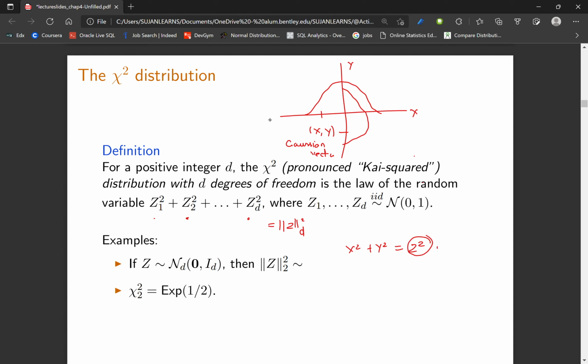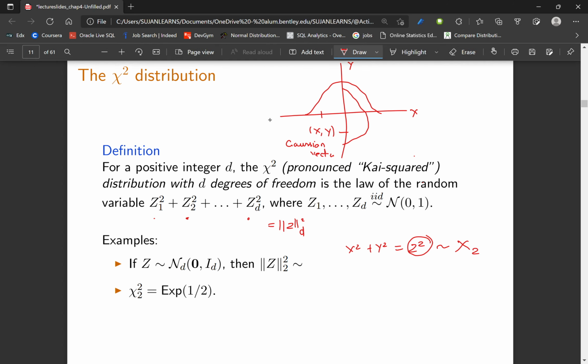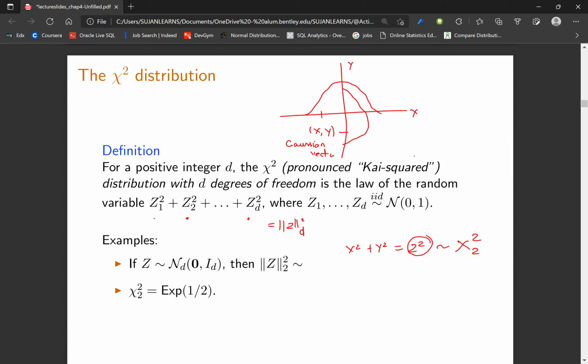This variable will be distributed according to chi-square with 2 degrees of freedom.